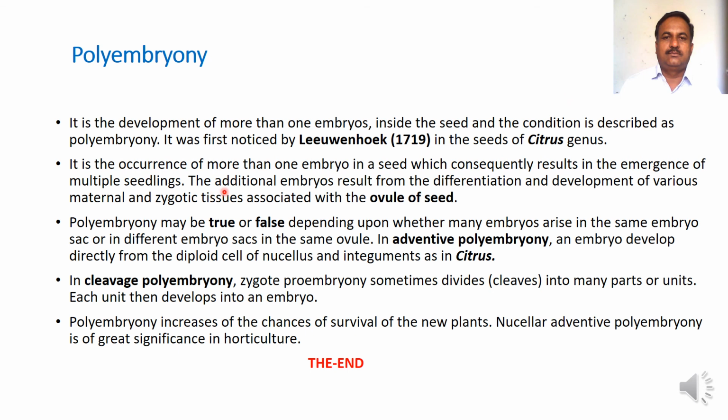It is the occurrence of more than one embryo in a seed, which consequently results in the emergence of multiple seedlings. The additional embryos result from the differentiation and development of various maternal and zygotic tissue associated with the whole of the seed.